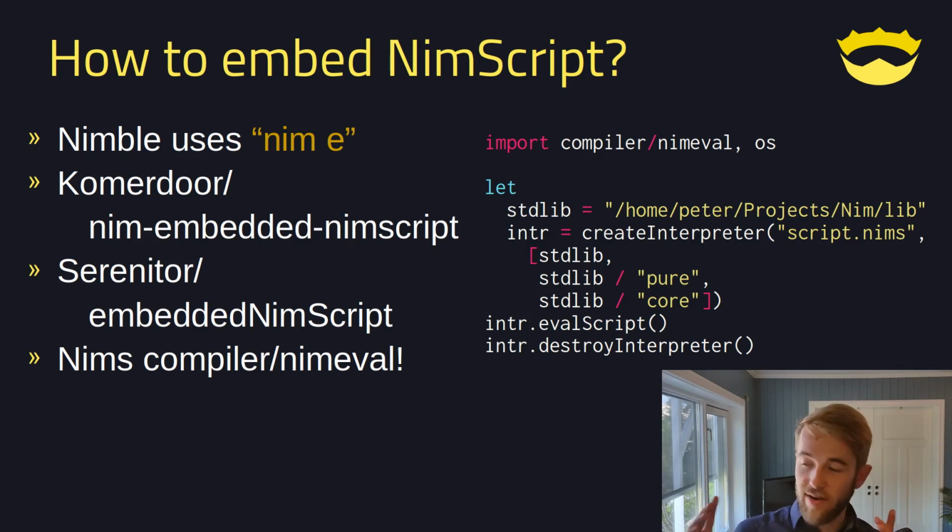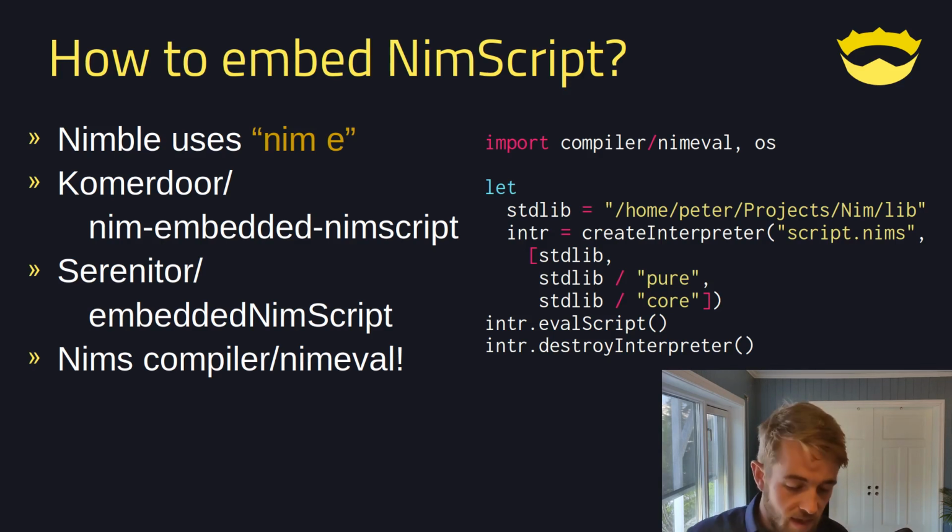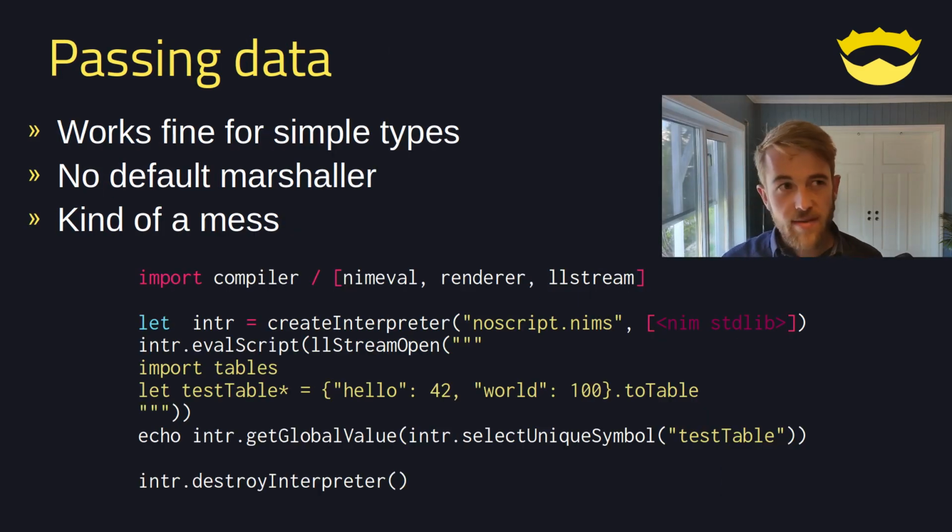So we just point it at our standard library. We create an interpreter, and of course give it the files that we want to import into here. And then we can evaluate the script and destroy the interpreter. We can, of course, do a lot more with this. So, for example, if we want to pass data back and forth, this is a bit finicky.